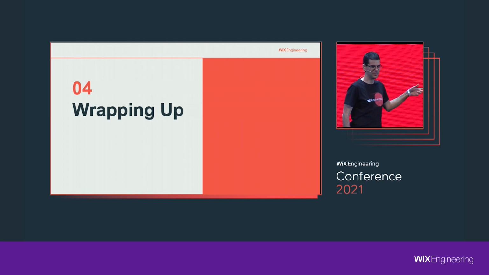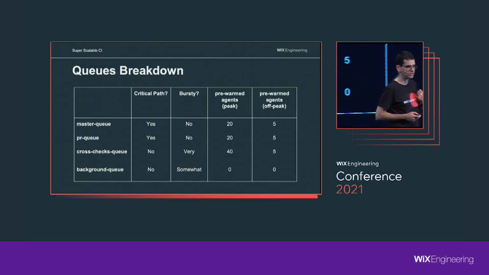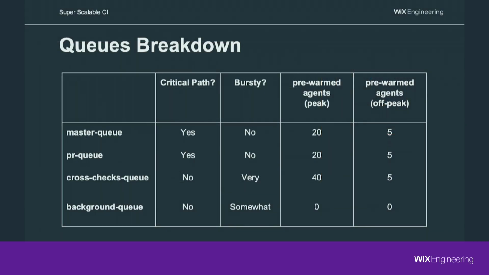Just to get back to the question on how many agents should we actually have. Let's take a look at a real example, right? We can do a quick breakdown of the queues that we have. We discussed them earlier, and try to figure out, well, are the builds that are running on it on the critical path? If they are, maybe we should just have more pre-warmed agents, so they will start faster.